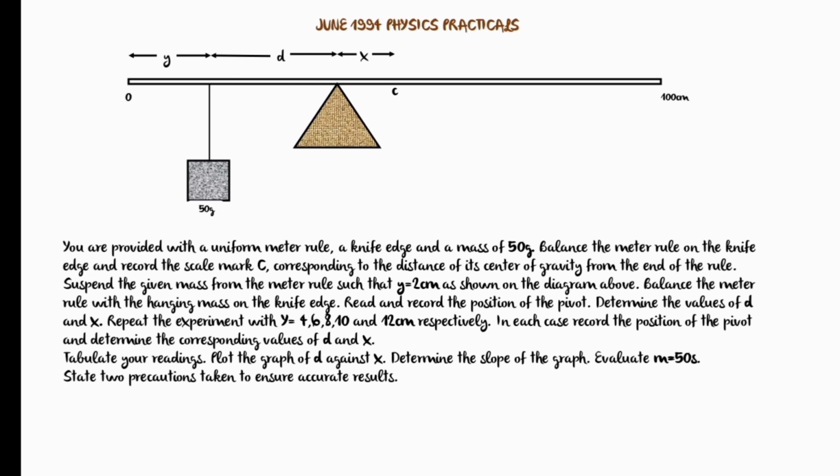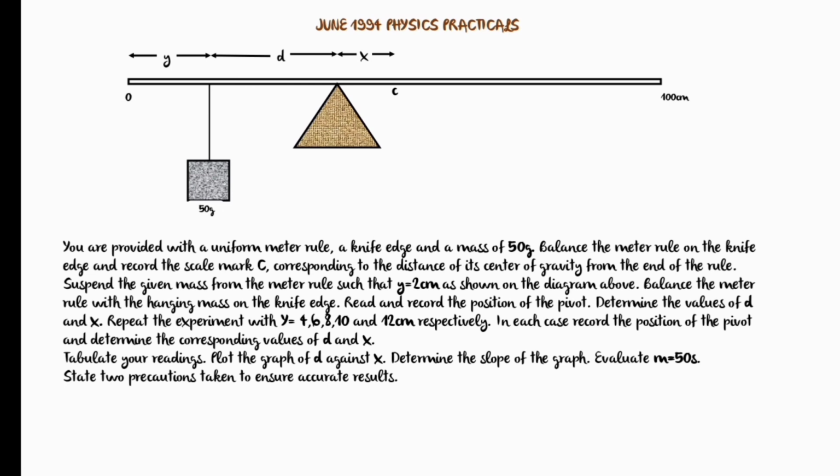Determine the values of D and X. Repeat the experiment with values of Y as 4, 6, 8, 10, and 12 centimeters respectively. In each case, record the position of the pivot and determine the corresponding values of D and X. Tabulate your readings.